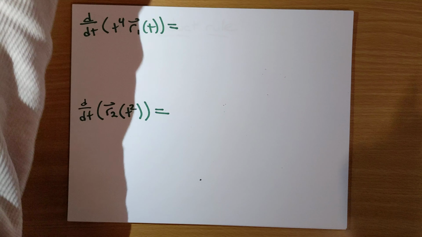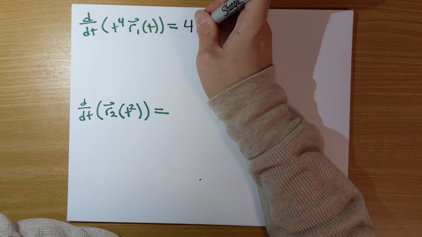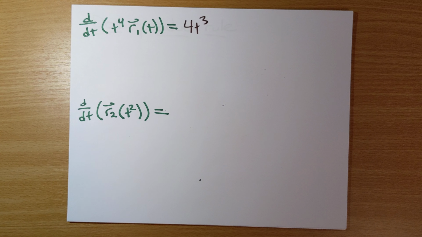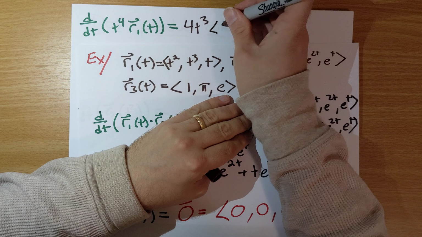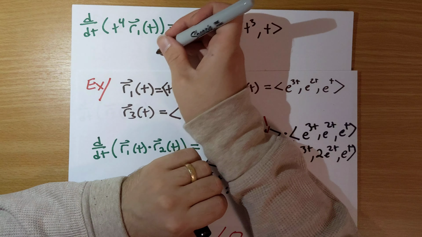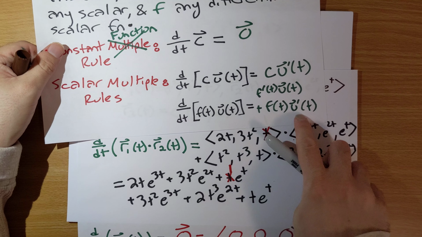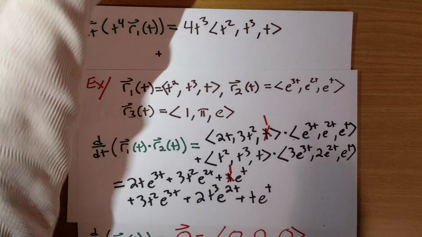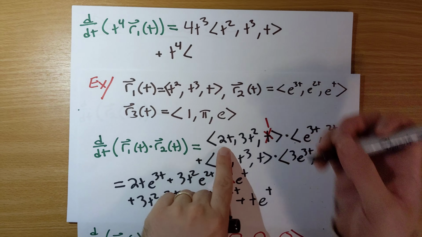So this is going to be the derivative of t to the 4th, of course, is 4t cubed, times the vector function here, t squared, t cubed, and t, plus the scalar function, t to the 4th, times the derivative of this.